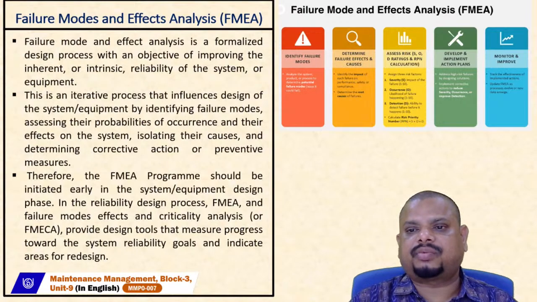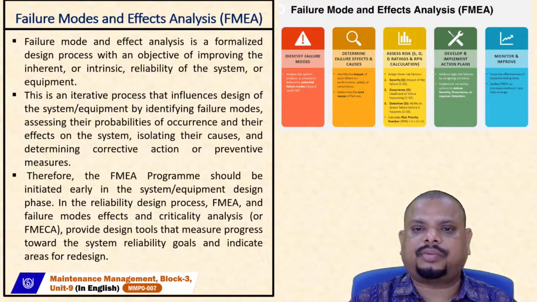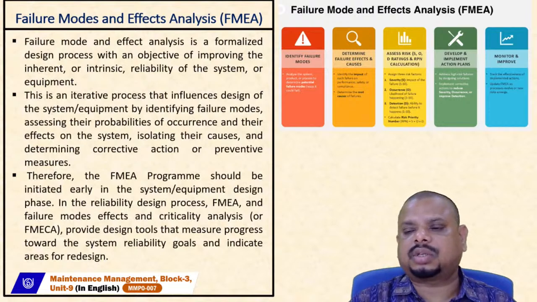The next is step number 4, develop and implement the action plan. Under this process, you address the high risks of failures by designing solutions and implementing corrective actions to reduce severity and occurrence, and improve detection. The last step of failure mode analysis is monitor and improve. That means you continuously track the effectiveness of implemented actions and update the failure mode and effect analysis as the process evolves or new risks emerge.